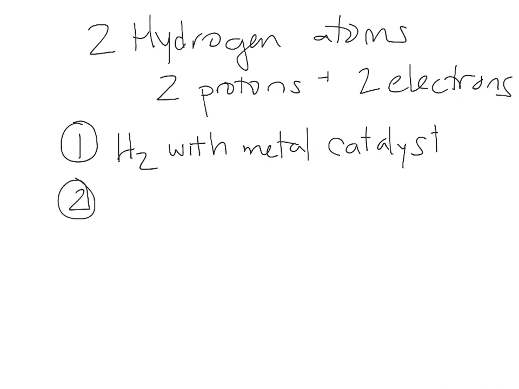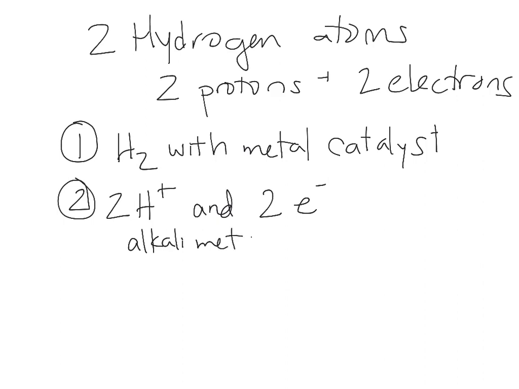The second way you can have a reducing agent is if you have 2 H+, which are essentially protons, and 2 electrons. E- is an electron, right? The way that works is using something like an alkali metal, like sodium. That's going to be your source of electrons.